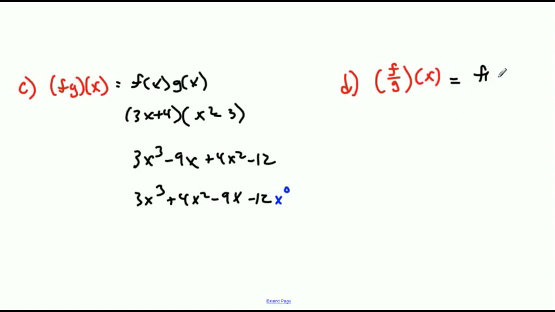So this means f of x all over g of x. Okay, our f of x, again, is 3x plus 4. Our g of x is x squared minus 3. All right, and now we don't want to just quite leave it like this because basically we're saying that this is true for every x.